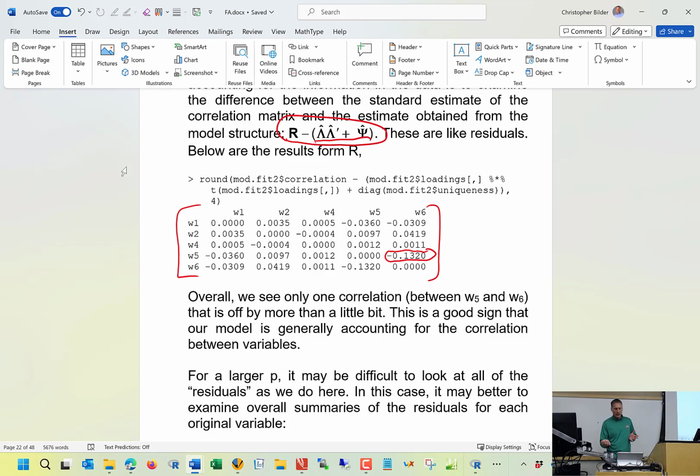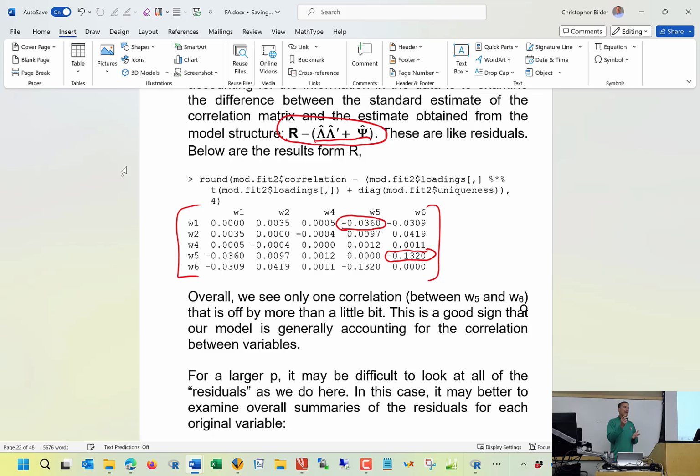Now, think of it this way. You might be thinking, well, Chris, you're off by -0.036 here for the correlation between W1 and W5. How do I know if that's too big or if it's okay, if this is a good model? Well, let's say somebody told you the correlation between two things was 0.5. And then they say, oh, whoops, sorry, I meant 0.53.